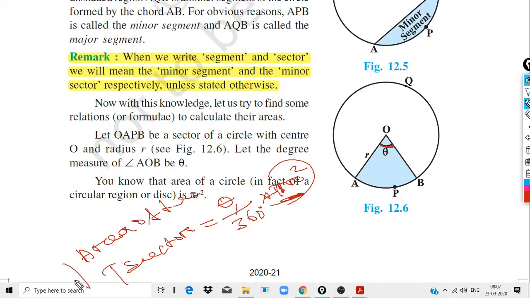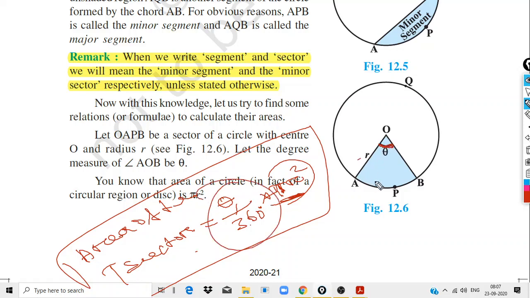So this is your formula. You don't need to remember the formula, you just need to understand that this angle is theta, therefore the part will be theta by 360 part. The complete part is 360 degree part. So theta by 360 into the complete area, pi r square.